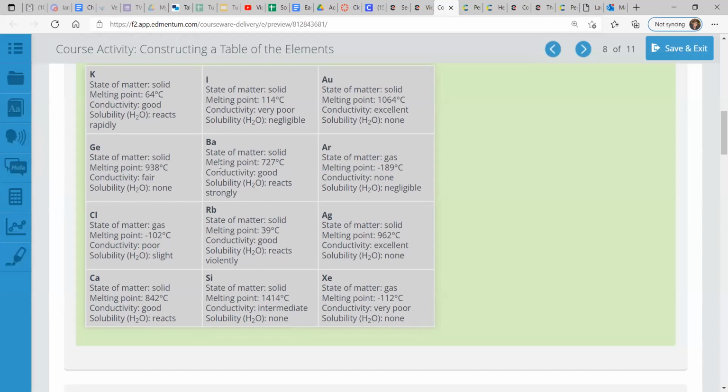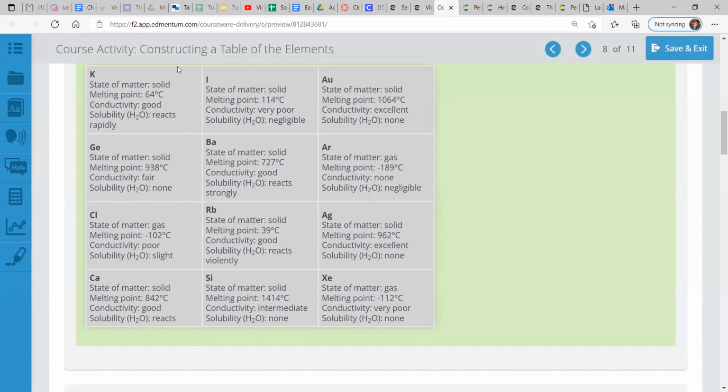And metals tend to be good conductors as well, whereas nonmetals not so much. Chlorine, not a great conductor. Argon, not a great conductor. But silver, gold, pretty good conductors.